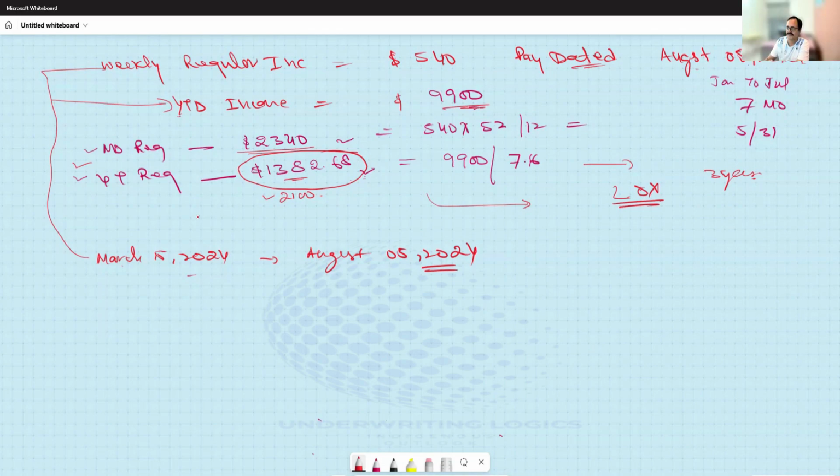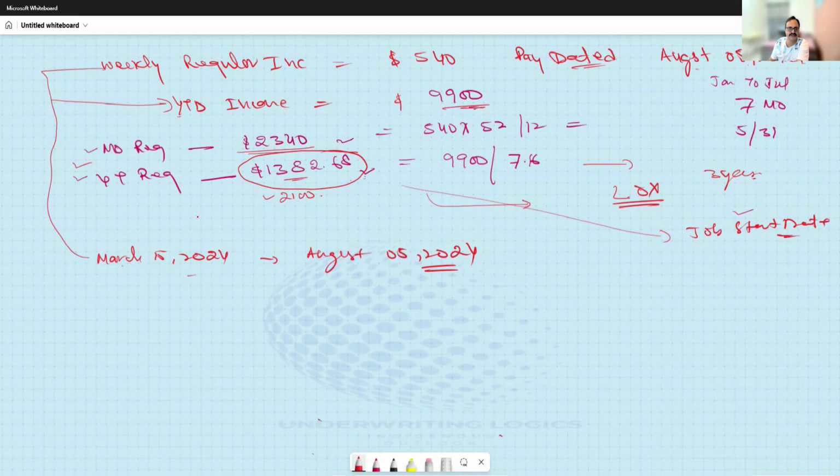The first thing, we need to know why this is 50% less. We will check the 1003, we will check other documents, we'll deep dive and see when the borrower started this job. If we do not find this, we will ask the borrower to provide the job start date. There are other methods which we will cover later to check the job start date.